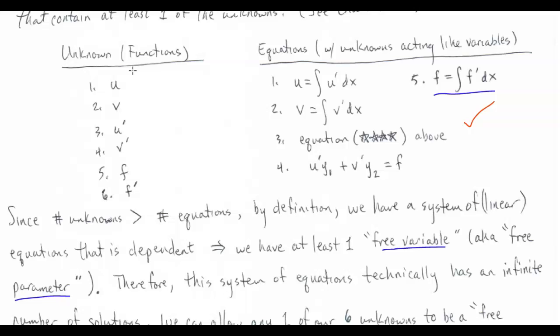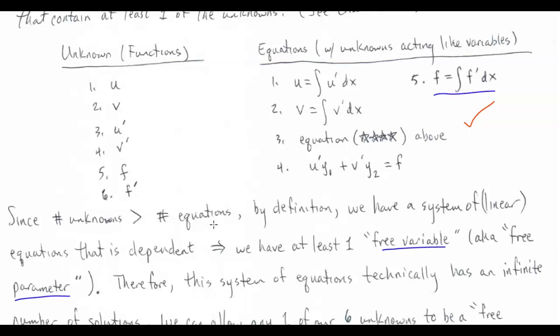And so we could choose any of these unknown functions to be a parameter, and how we vary that parameter is going to dictate what kind of solution we get. And so, in short, this is why we call this method variation of parameters.